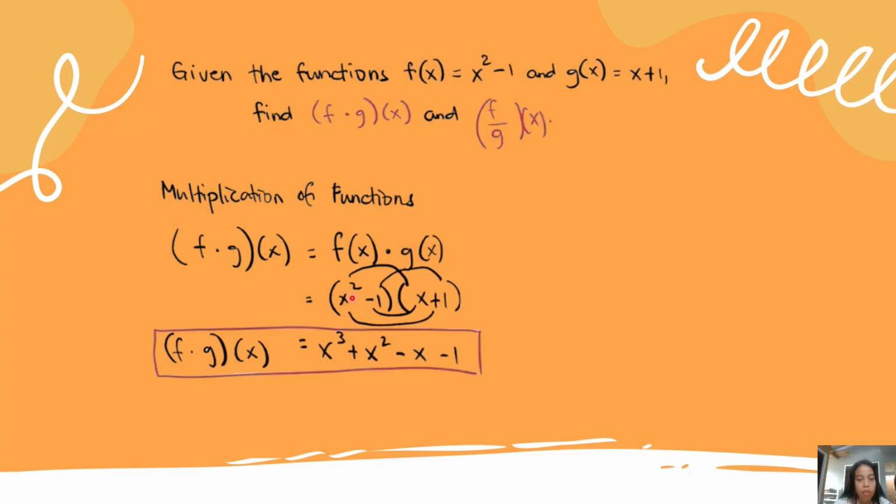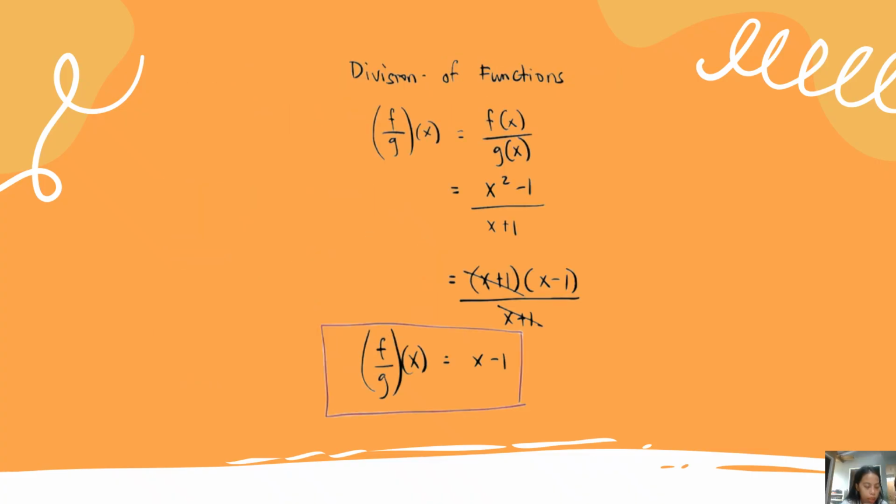So f of x is x squared minus 1, and our g of x is x plus 1. So multiply the expressions. To multiply these two binomials, we use the distributive property, or what we call the FOIL method. Next, we combine like terms. So the final answer is x cubed plus x squared minus x minus 1.